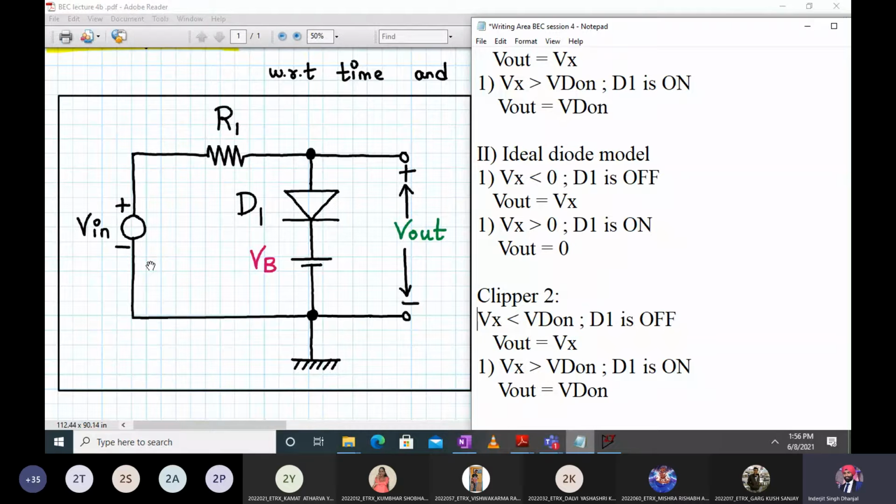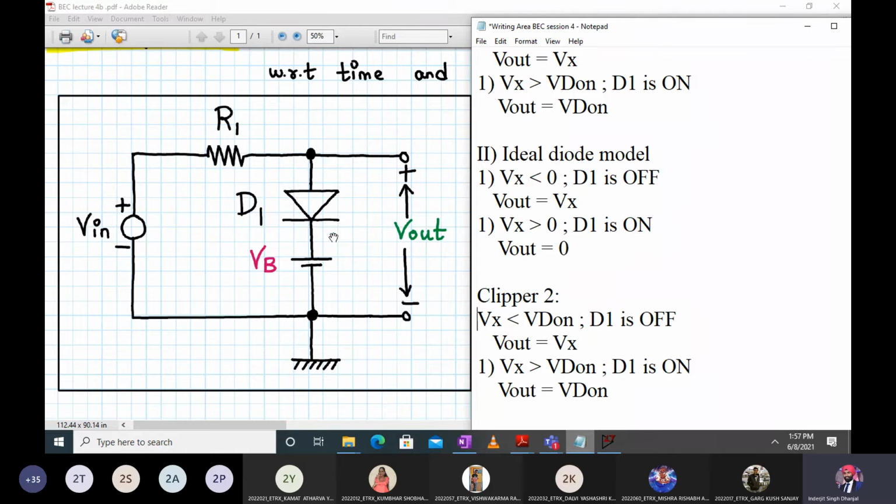With the battery, let's say battery VB is 1 volt. So this VB battery is actually making the diode reverse bias. You see carefully, for the diode to be forward bias, the positive terminal should be connected to the anode. But here the positive terminal of the battery is connected to the cathode, which is the N side. That means this battery is opposing the diode to turn on. That means we have to overcome this voltage.